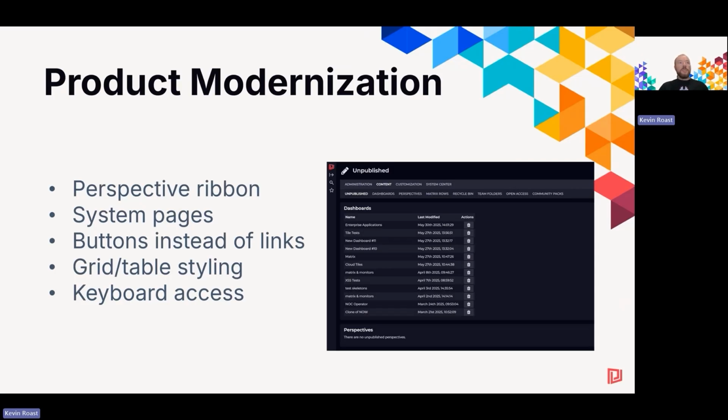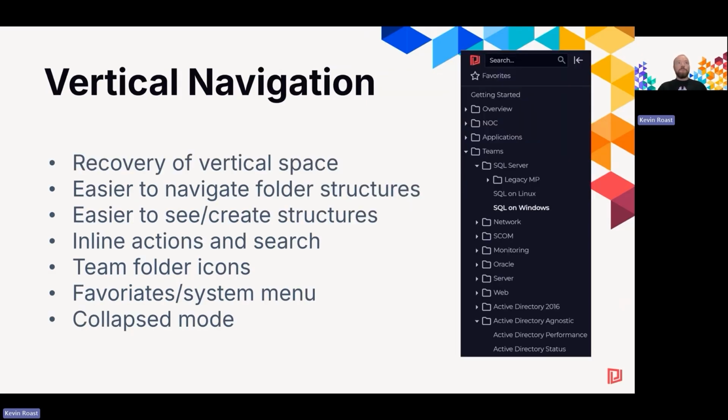And in the system page in particular, we've completely redesigned that, so it's now a categorized list of options rather than one big cluttered list. And across that area as well, and across the whole app, we've tried to improve styling around tables, grids, buttons, and so on to give that whole area a more modern look. We've improved the keyboard access across the app as well to make it easier to use with just keys.